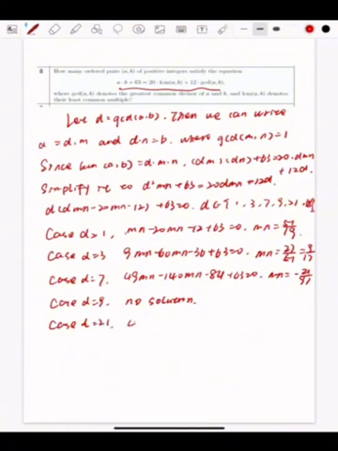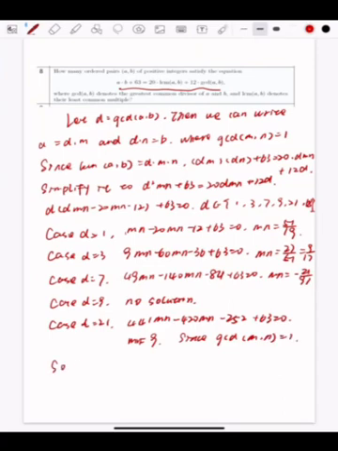And for the case here, we have, so they are already here.